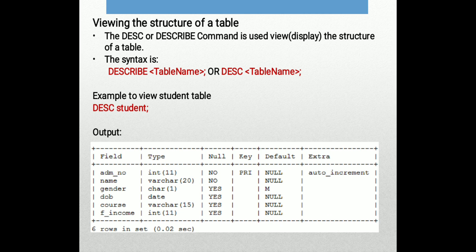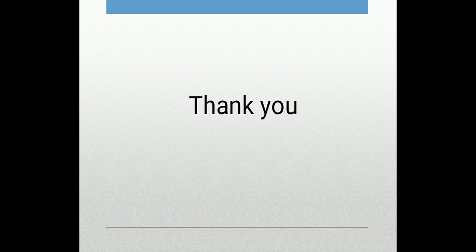Column constraints are not null, auto increment, unique, primary key, and default. The last topic is how to view the structure of a table by using the describe command or DESC command. Hope all these topics are clear to you. Thank you, students.